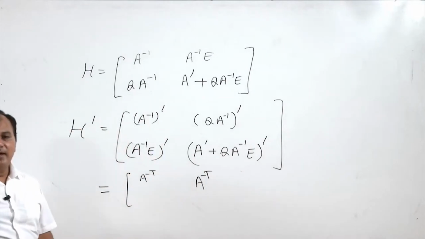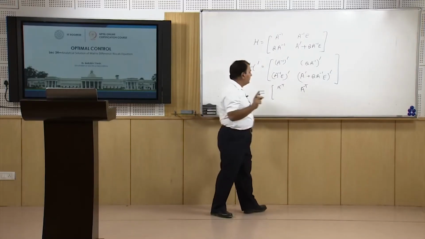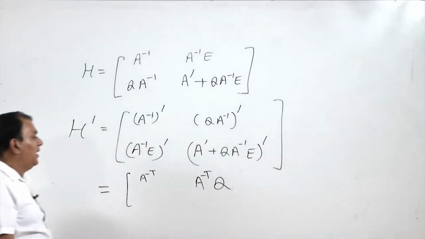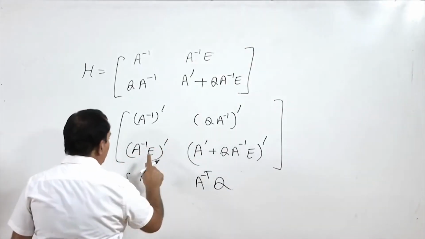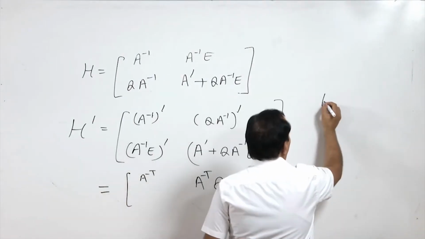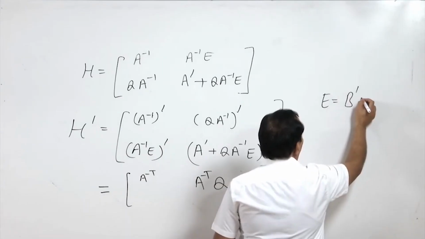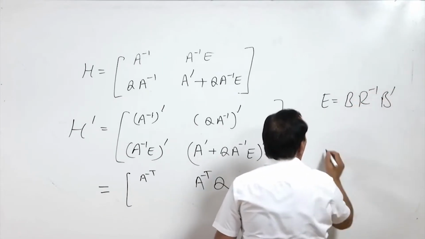Q we have taken as a symmetric positive semi-definite matrix, because it is symmetric, so I can take this as A minus transpose Q. This term E is B R inverse B transpose.